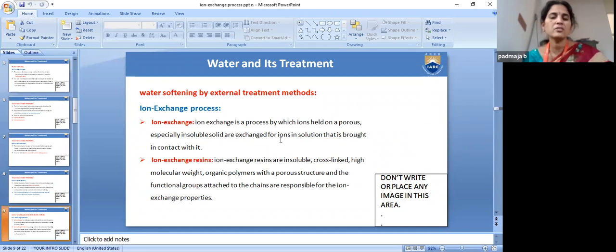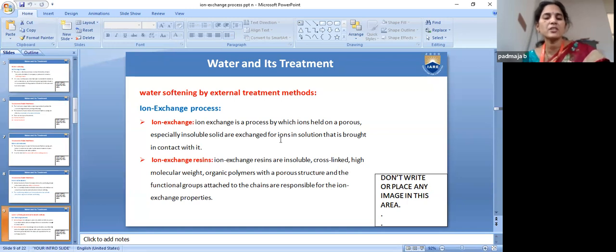So what is an ion exchange resin? Resin means polymers. We are using polymers, which are solids with porous structures, and the functional group will be either H plus or OH minus ions.